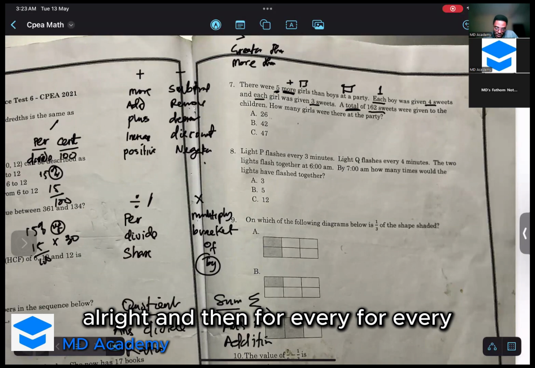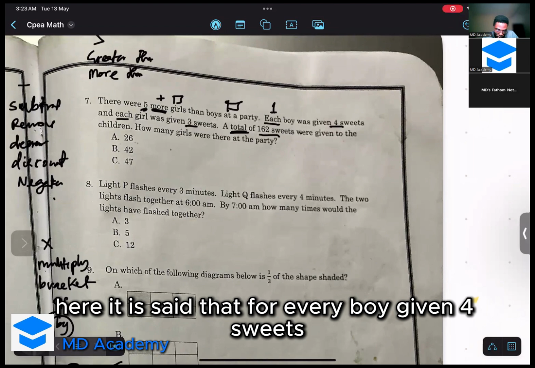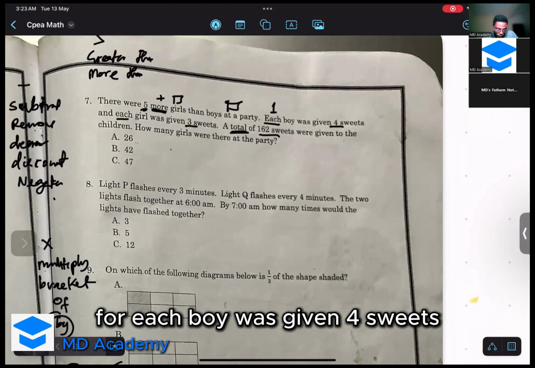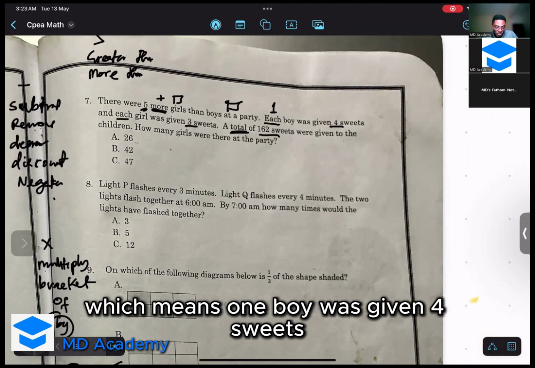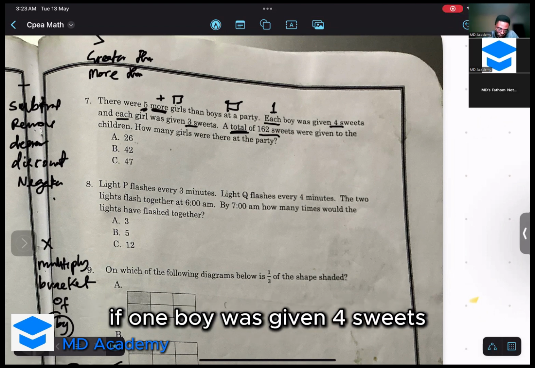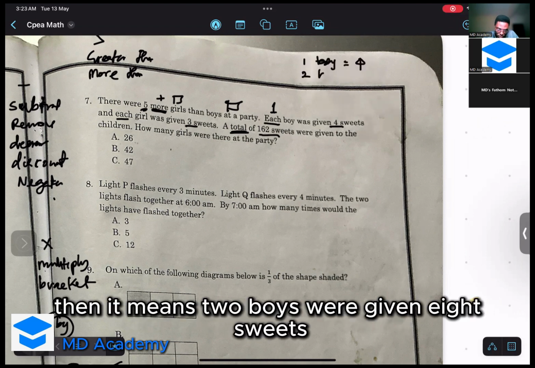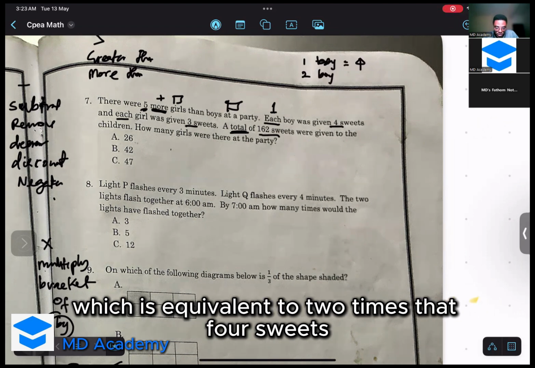All right. And then for every boy, it is said that each boy was given 4 sweets, which means 1 boy was given 4 sweets. That's what each means, right? If 1 boy was given 4 sweets, then 2 boys were given 8 sweets, which is equivalent to 2 times that 4 sweets.